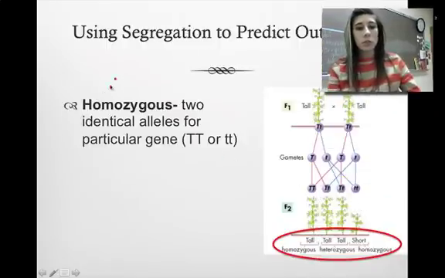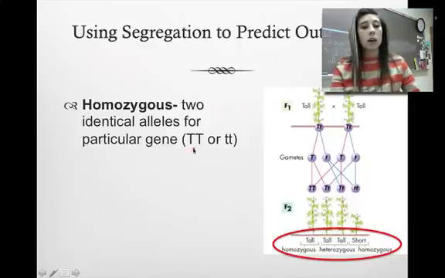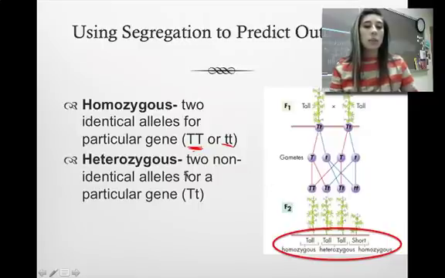Now, just to give some terminology, the word homozygous is going to refer to 2 alleles that are going to be identical, so big T's or little t's in our example of tall and short plants, and something that's heterozygous will have 2 non-identical genes. So the only option for that is to have a big T and a little t, and that's the terminology that we use.